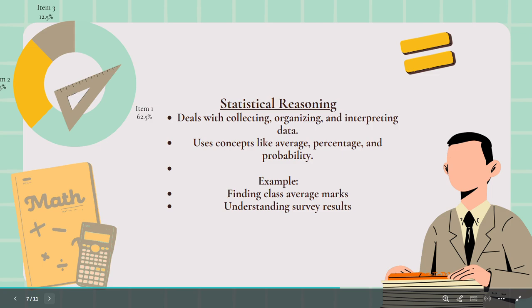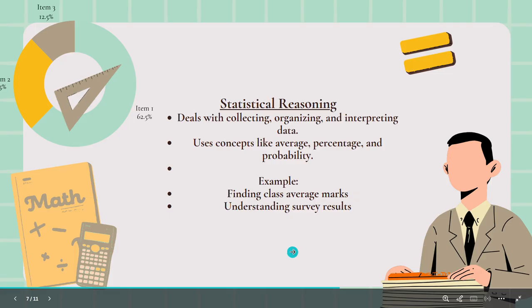What are they? That is collecting, organizing, and interpreting the data that we have got. Okay, so it uses concepts like average, percentage, as well as probability. And we have already learned in our lower classes about finding average, percentage, and probabilities also.